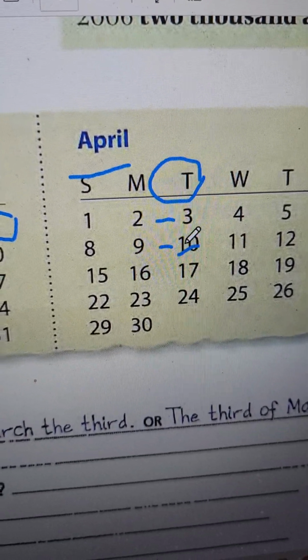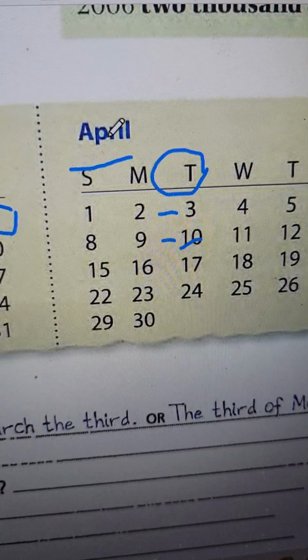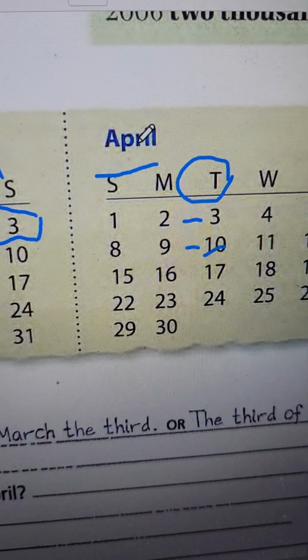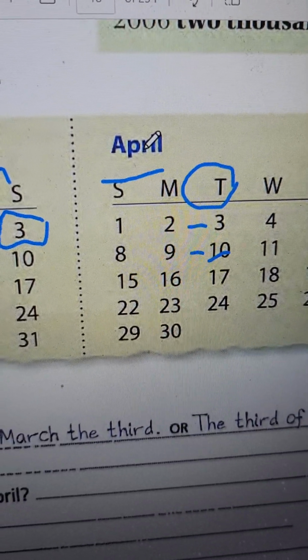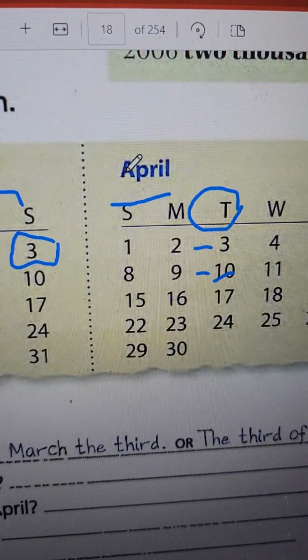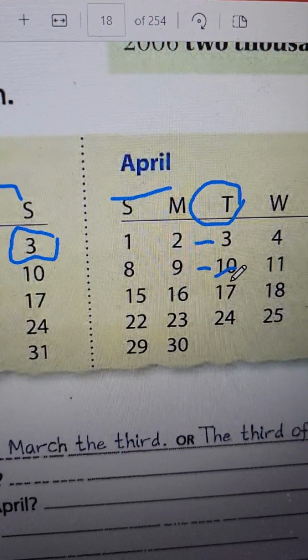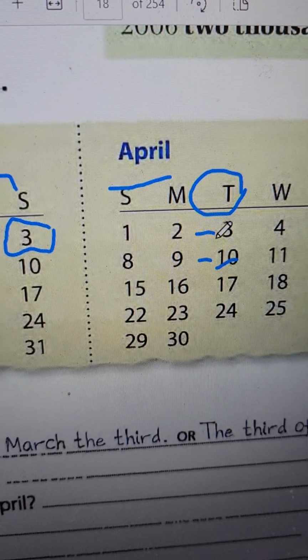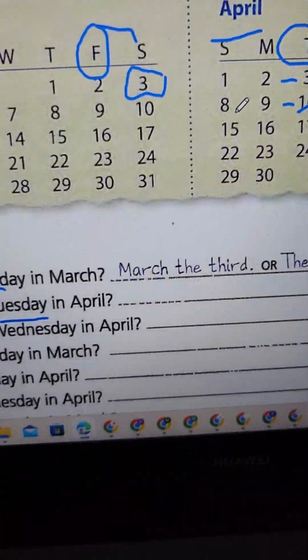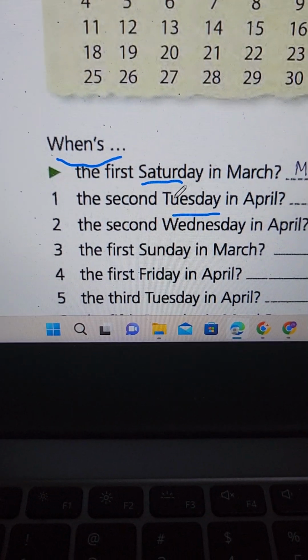You say what? 10th of April. Or April the 10th. April the 10th. Or the 10th of April.